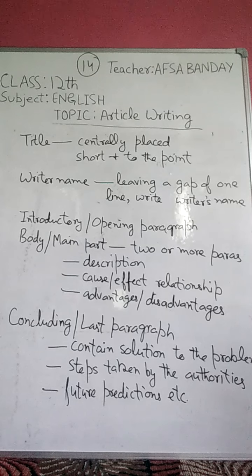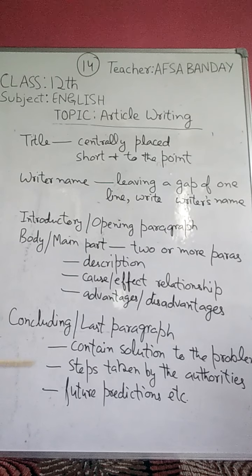Generally we say that articles are of two types: descriptive and argumentative. In descriptive articles, you describe some person, place or thing, and in argumentative articles you support or oppose ideas strongly. So in general we can say that articles are more descriptive and more elaborative in nature as compared to paragraphs.